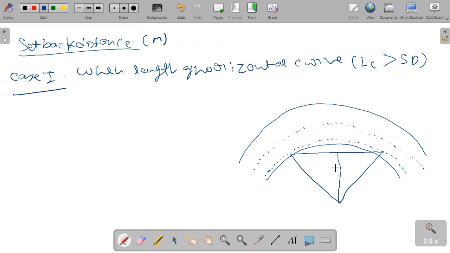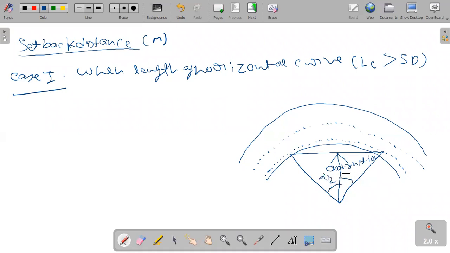There's a line here. This is the obstruction. This is alpha by 2.